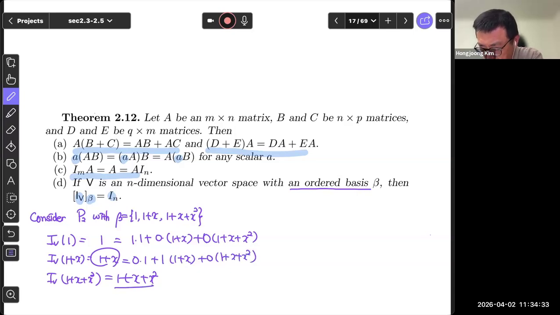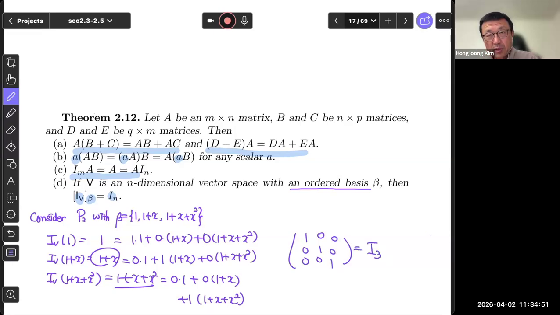And 1 plus x squared is 0 times 1 plus 0 times 1 plus x plus 1 times 1 plus x squared. So the matrix will be 1, 0, 0, 0, 1, 0, 0, 0, 1, which is the identity matrix. So that is the matrix representing this identity mapping with respect to beta, and it equals the identity matrix.